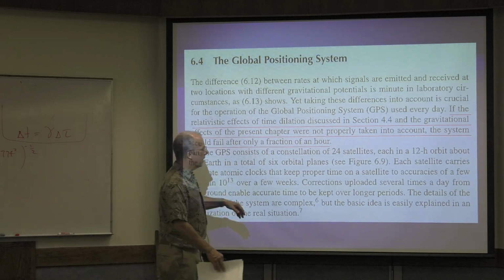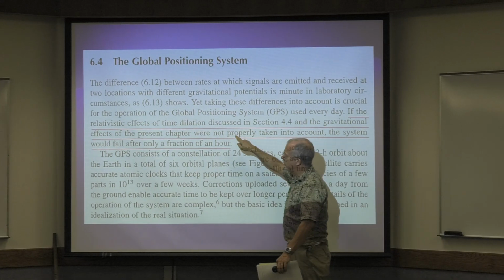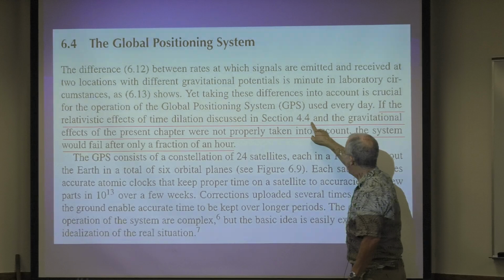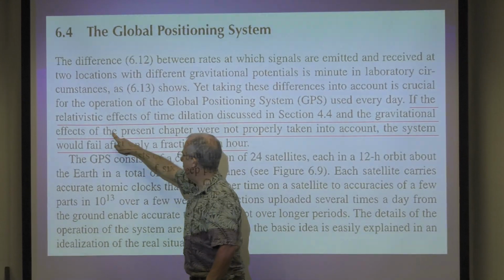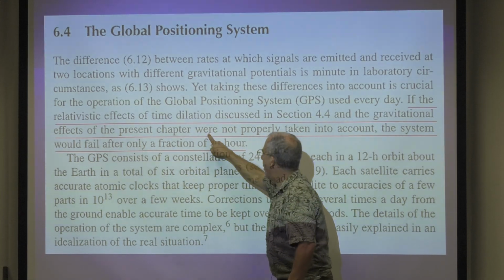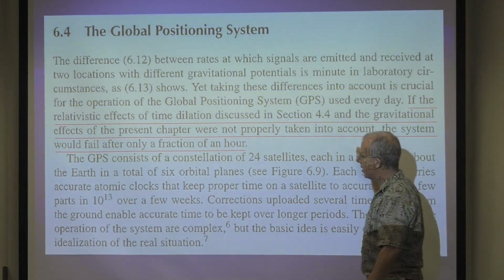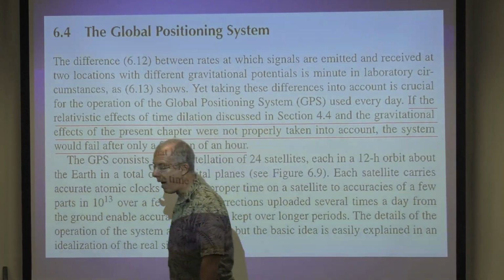So here's a sentence I want to just read. Okay, if the relativistic effects of time dilation, discussion, blah, blah, blah, okay, forget those, and the gravitational effects of the present chapter, okay, forget about that, were not properly taken into account, the GPS system would fail after only a fraction of an hour.